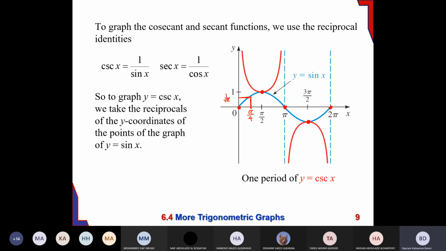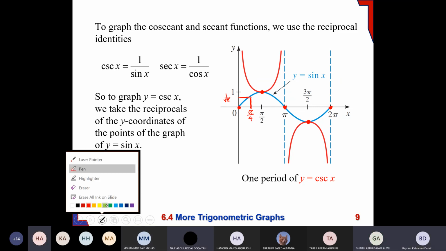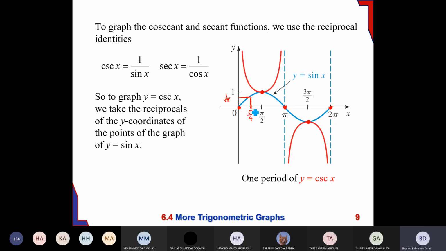But how about cosecant? It will be root 2. Yes, root 2. You see? Because you need to flip, right? If you go to cosecant, it will be root 2. So cosecant gets larger than sine. Sine is 1 over root 2, but cosecant is root 2.